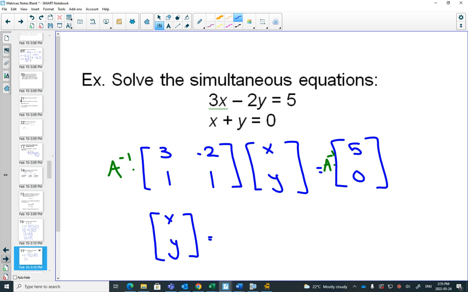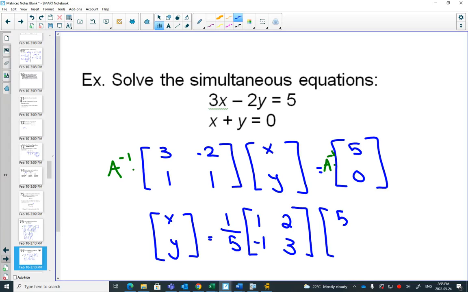To find the inverse, we need the determinant. This is 3. This is minus 2. 3 minus a negative 2 will be 5. So the determinant is 5, so we'll have a 1/5. Switch these two, change the sign on these two, and we have our inverse multiplied by 5, 0.